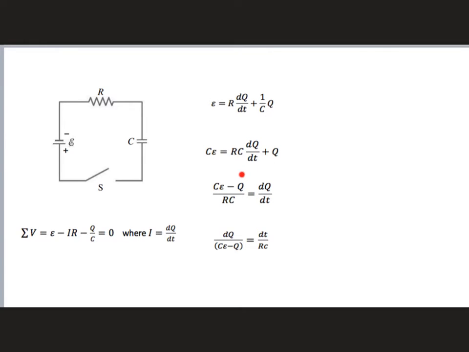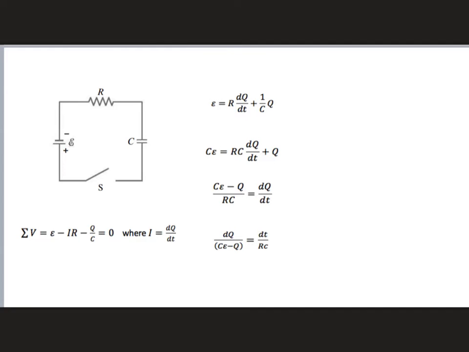If I divide both sides by this term, it'll come out underneath the dQ, and I'll end up with dQ over CE minus Q. And then the RC and the dt, they combine. So if I bring this dt up here, I get dt over RC, and I have separated those variables.